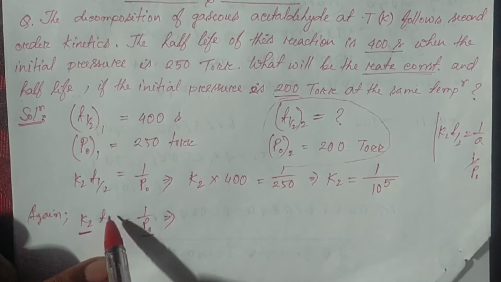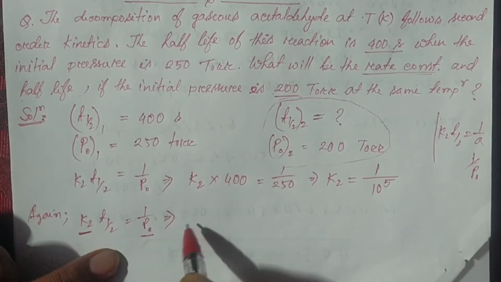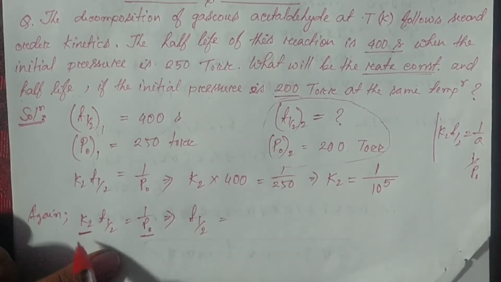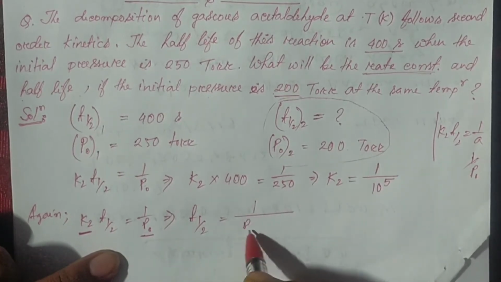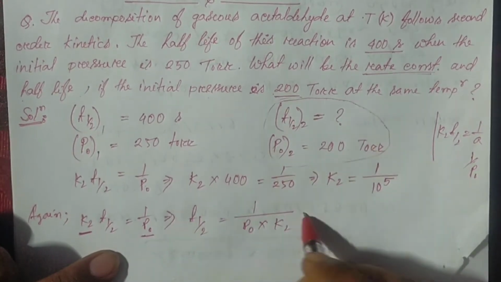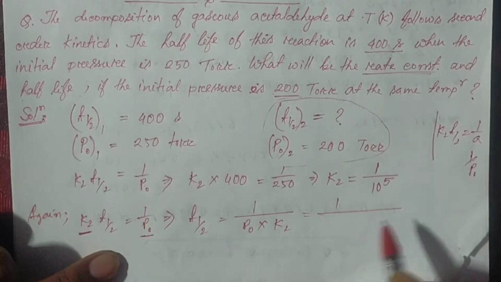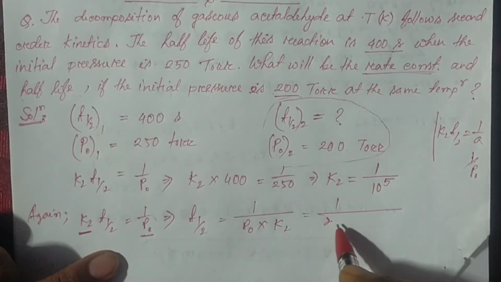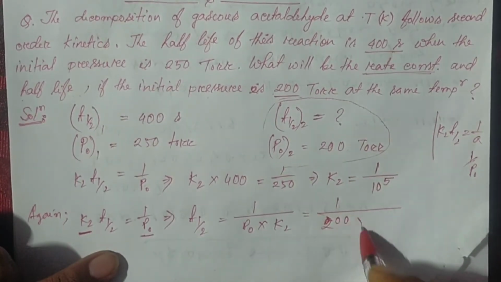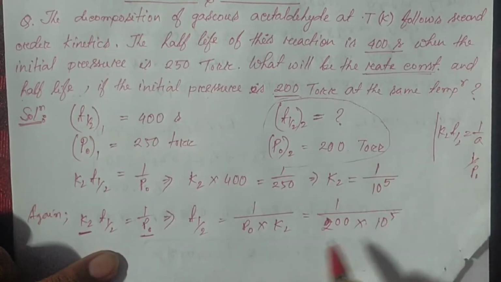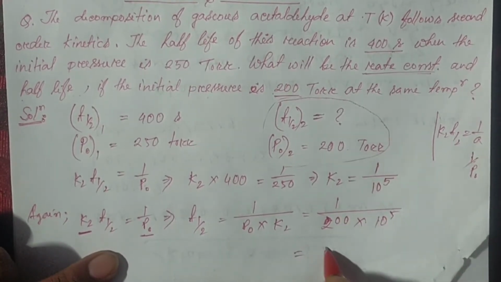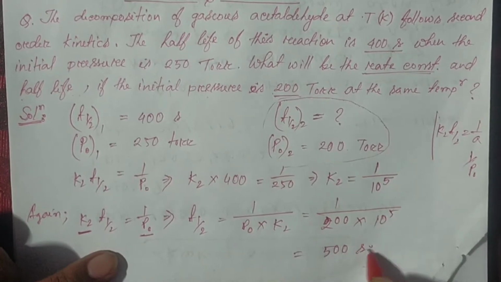We just don't know t half, and we are going to evaluate that t half. So it will be 1 by p naught into k2. So p naught is given 200 into 10 to the power minus 5, so it will be 500 seconds.